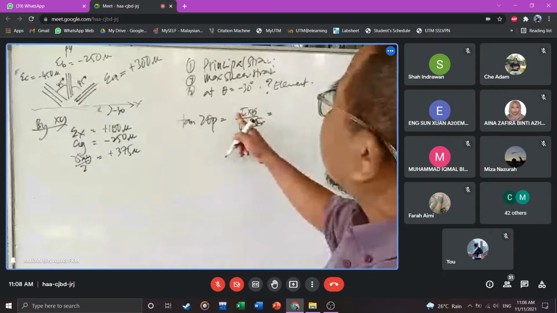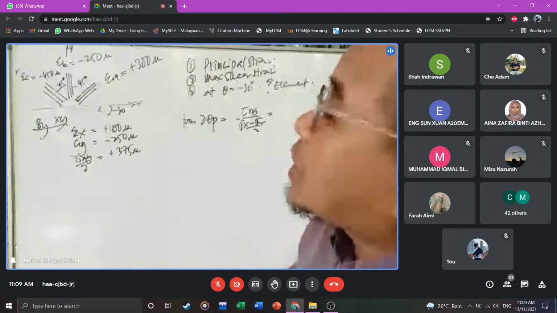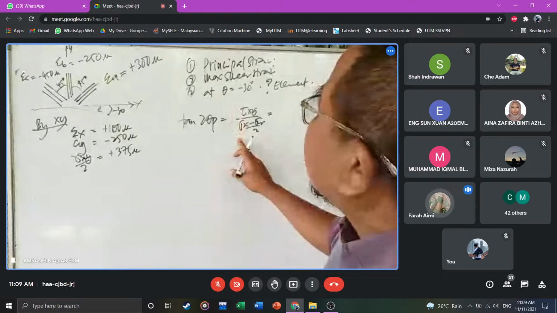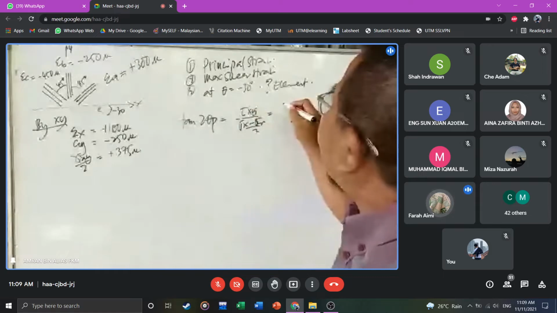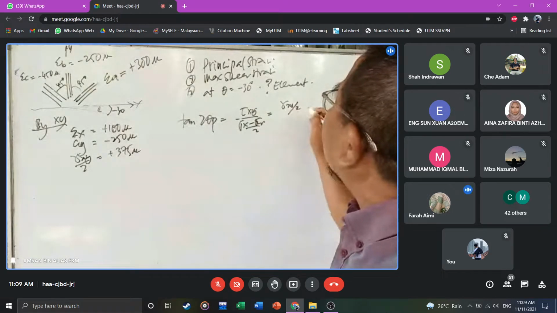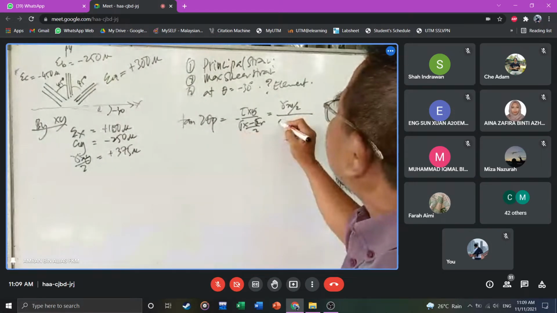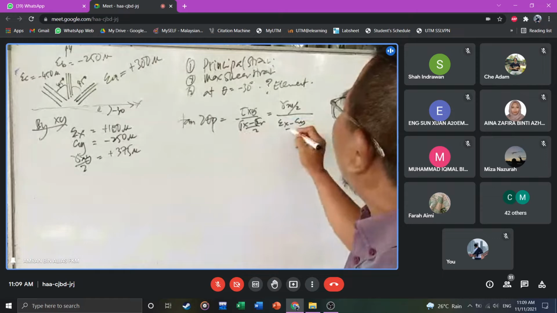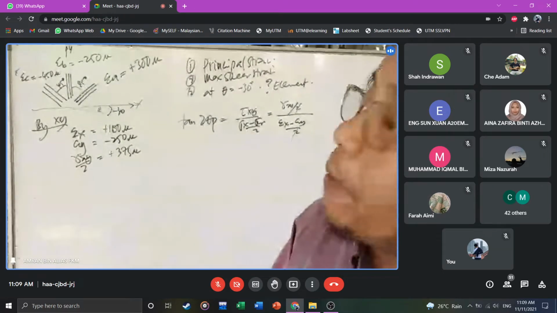Tau xy is in the stress. In strain, we change it to gamma xy over 2, over EX minus EY over 2, so the 2 cancels out. Are you with me?